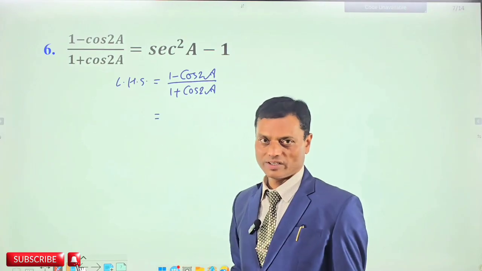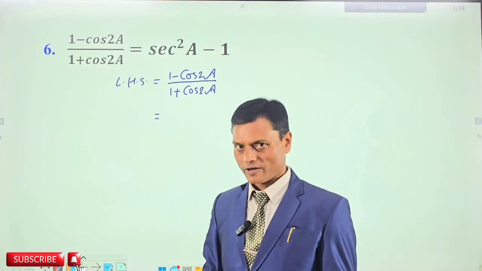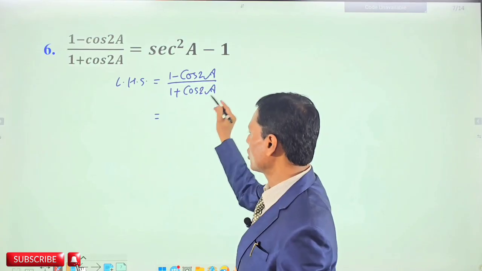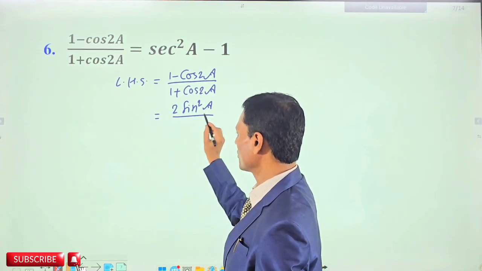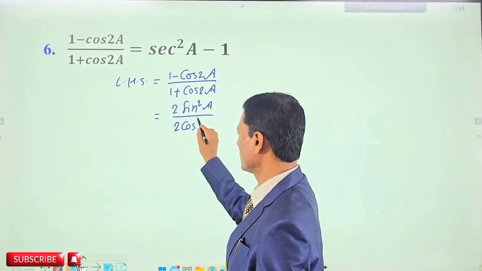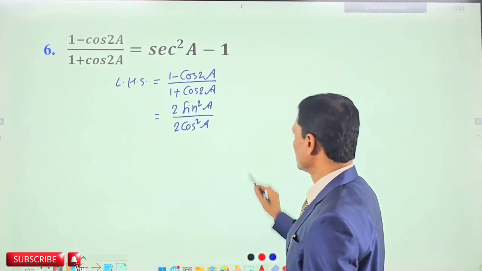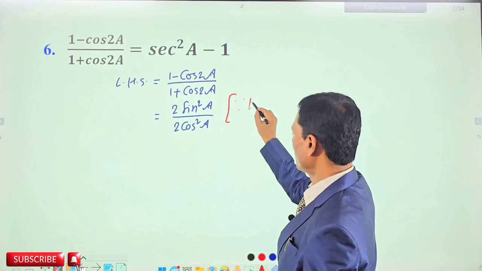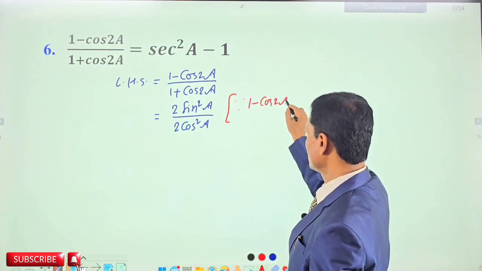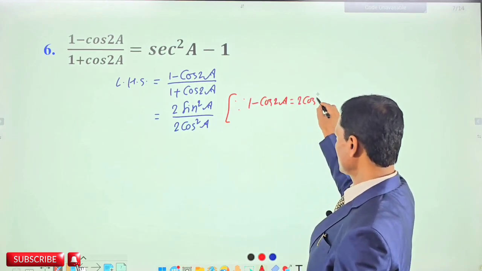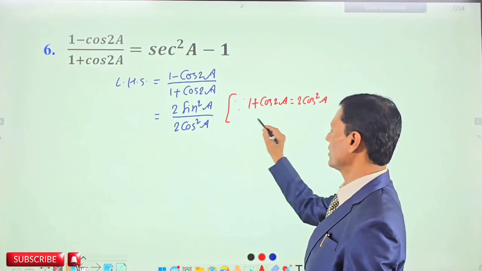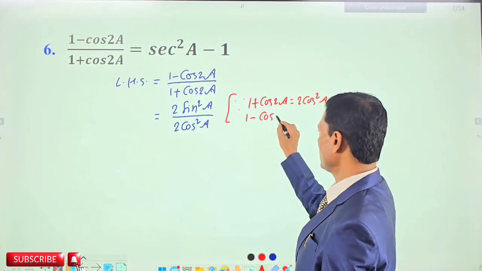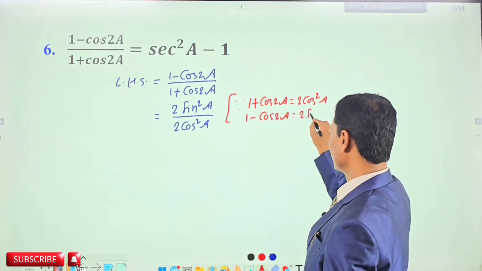And 1 minus cos 2a, I have explained already in the previous question. 1 minus cos 2a equals 2 sin square a, and 1 plus cos 2a equals 2 cos square a. Isn't it? Sorry, 1 plus cos 2a is equal to 2 cos square a, and 1 minus cos 2a equals 2 sin square a.